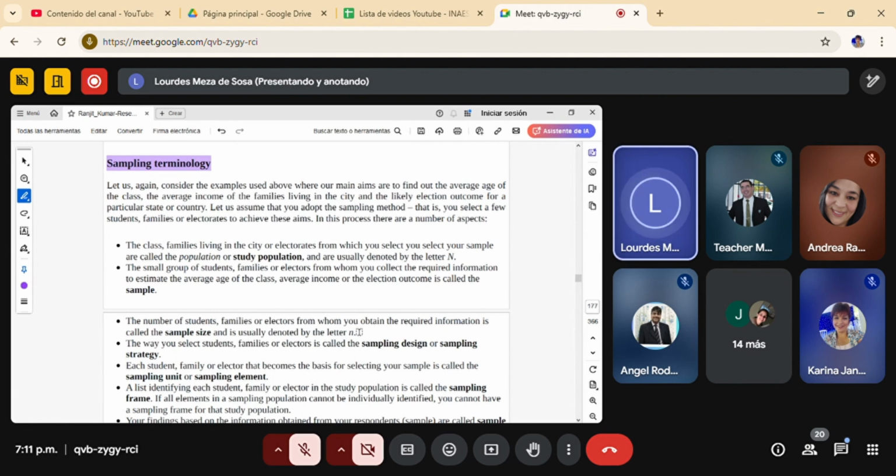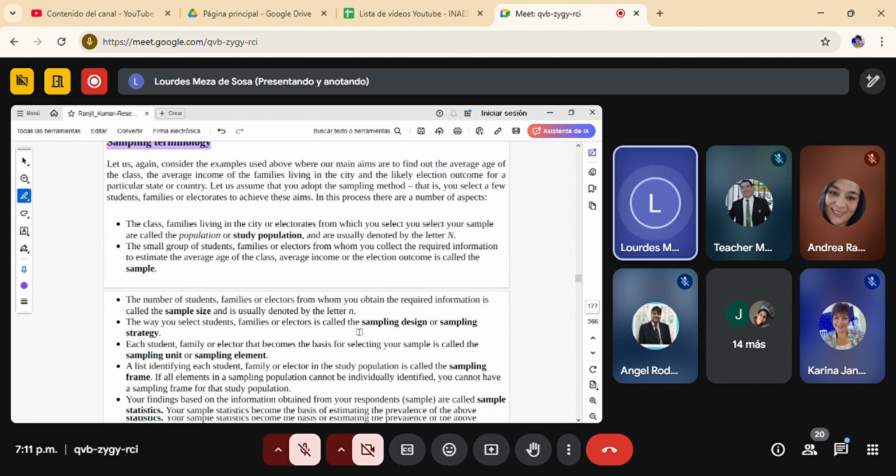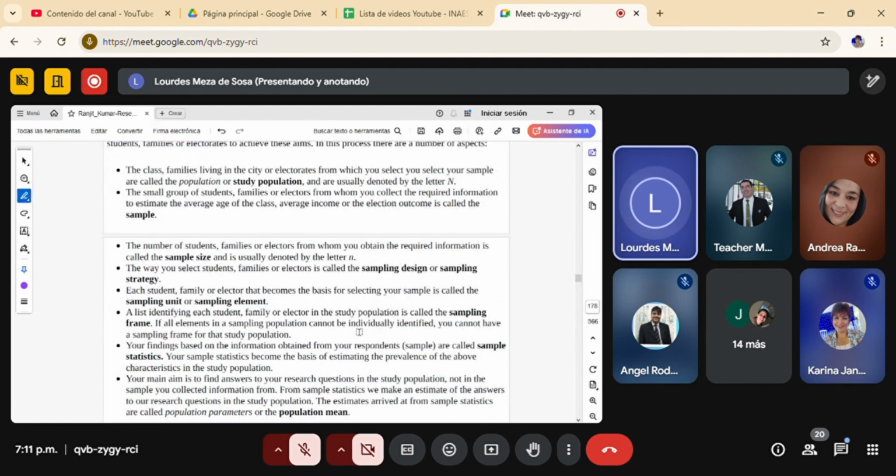A list identifying each student, family, or elector is called the sampling frame, okay? Remember the frame we mentioned of about the 1,000 employees, right? All of those are the sampling frame.